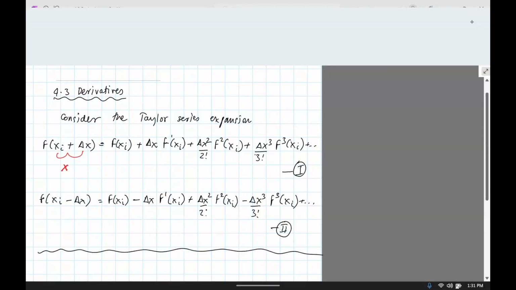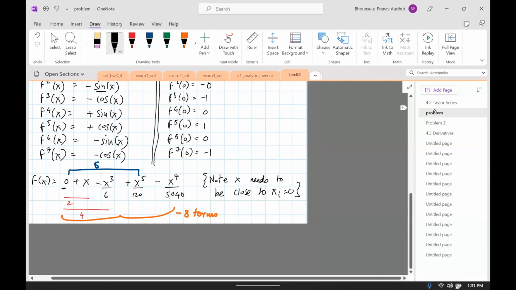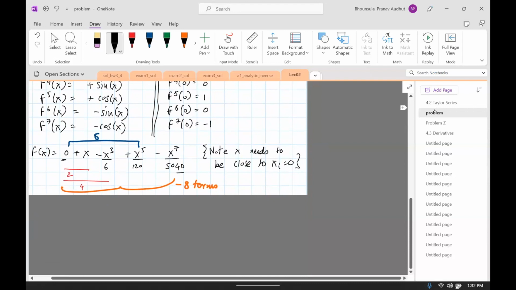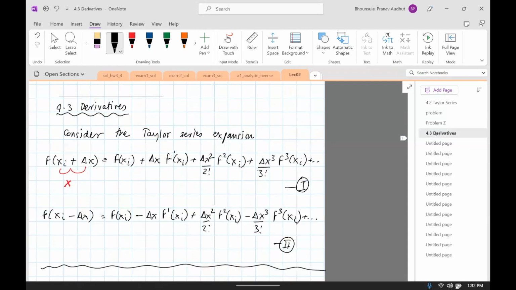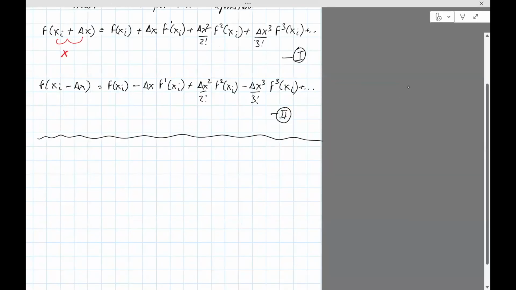For example, when you looked at this example, you saw there was a 5040, which is a very big number. So the hope is that anything in the numerator will have an insignificant effect because of that 5040, so those higher order terms will give you very little contribution.